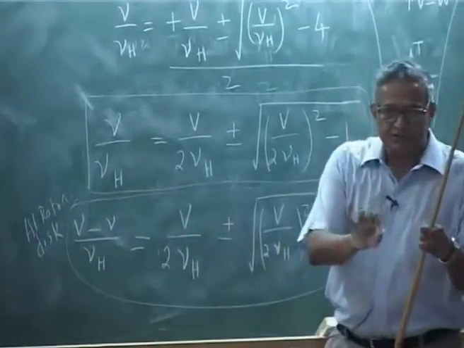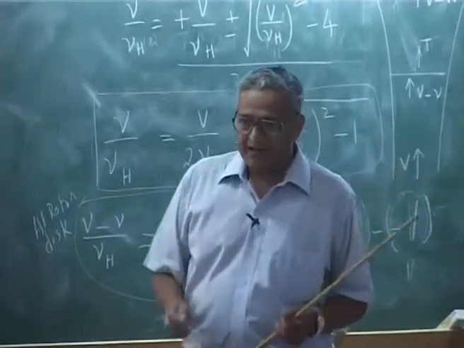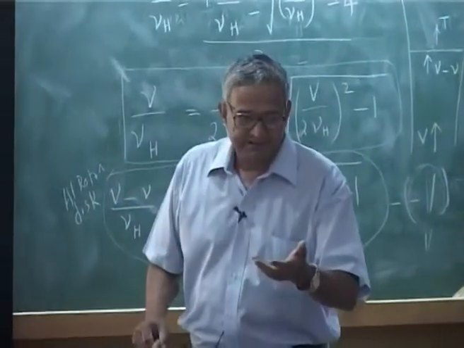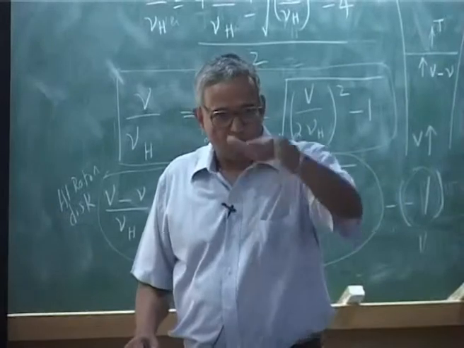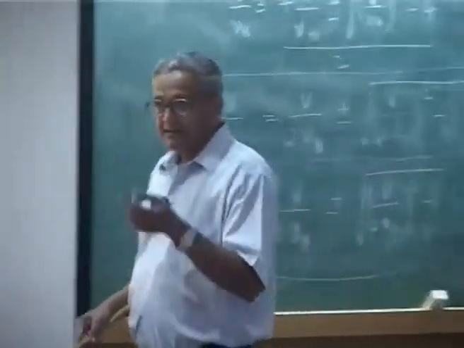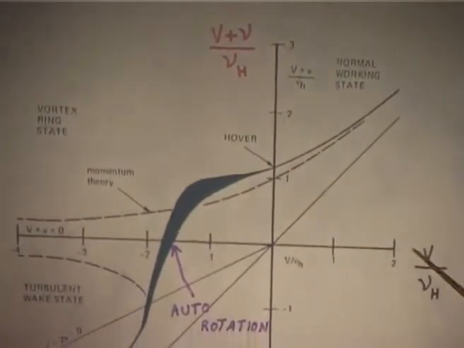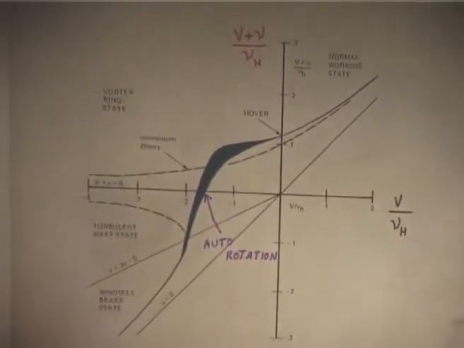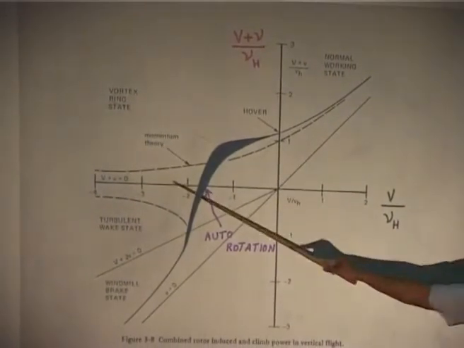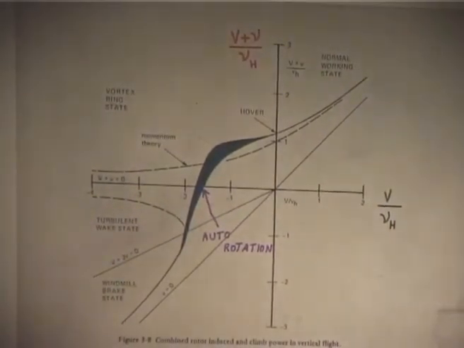only the induced velocity. Another curve is V plus nu over nu h, that is the velocity at the rotor disc as a function of climb or descent, because descent is this side, climb is this side. Okay.